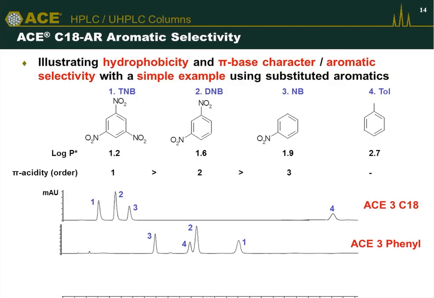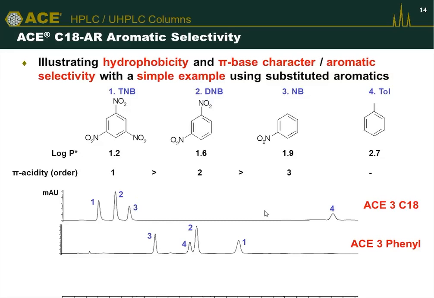Interestingly, you can see here that toluene is eluting much earlier, and that is because most phenyl phases have a smaller spacer than a C18, and so the hydrophobicity of this phase is much less. So toluene, marking the hydrophobicity of the phase, elutes much earlier.